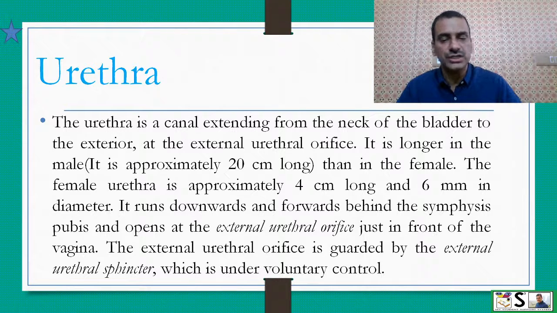It runs downwards and forward behind the symphysis pubis and opens at the external urethral orifice, just in front of vagina. The external urethral orifice is guarded by external urethral sphincter, which is under voluntary control. About male urethra, we will discuss in detail in reproductive system.